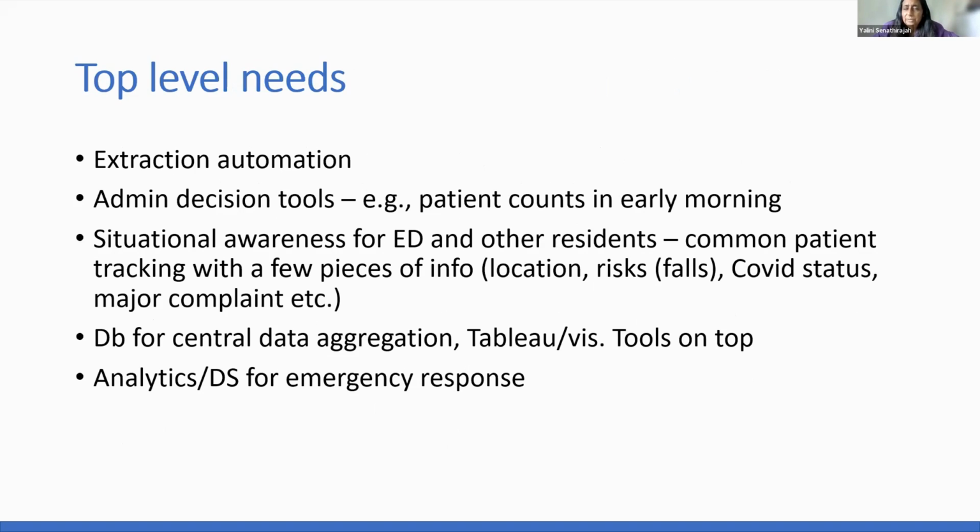It turned out that even though there is an electronic health record in place, people wouldn't necessarily know where a patient had been taken, what floor they were on, what were some of their risks, what was their COVID status, and so on. So there's a need for central data aggregation in a database with visualization tools on top that could be accessed by a number of different people. And of course, there's a need for analytics for emergency response, the way that is done in more well-resourced hospitals.